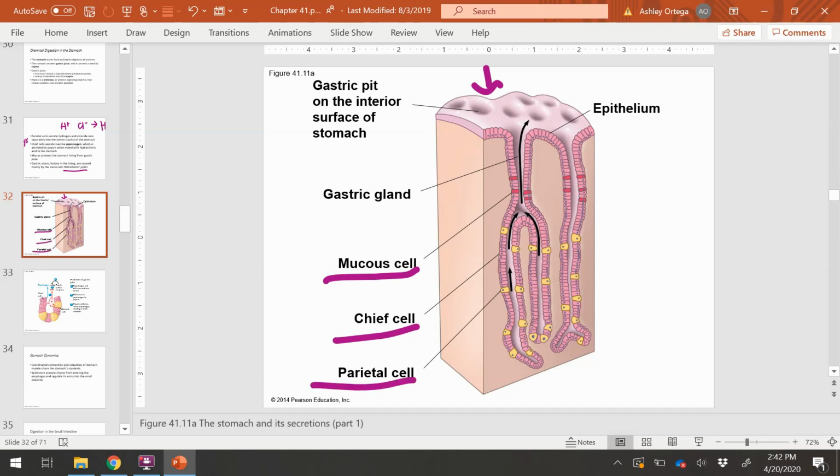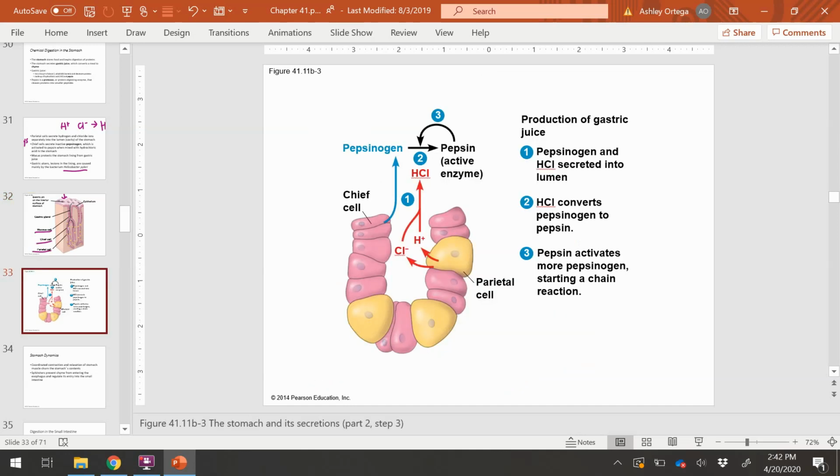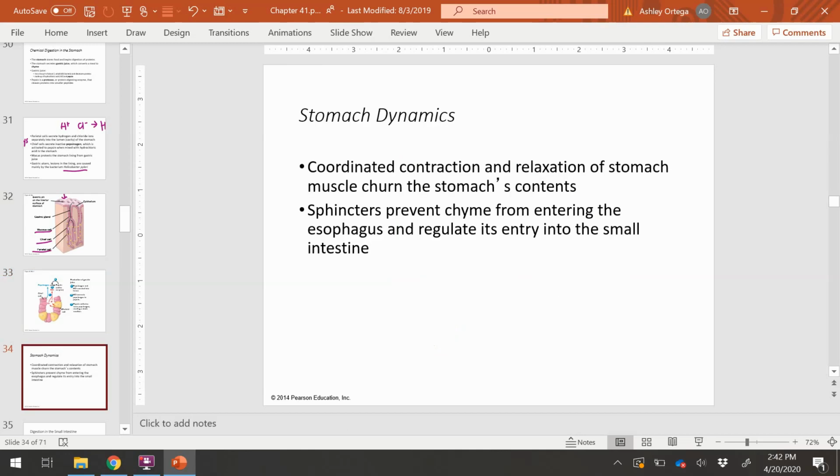So parietal cells will, as you can see in this next image here, secrete the ions of hydrogen and chloride that combine to make the acid in the cavity of the stomach. Then the chief cells secrete pepsinogen that gets activated to pepsin with the presence of the acid. And so those two things form gastric juice that will then convert that meal into a liquid state called chyme.